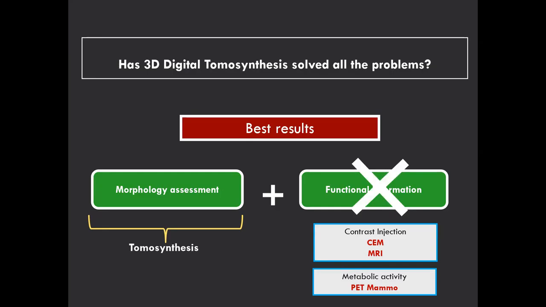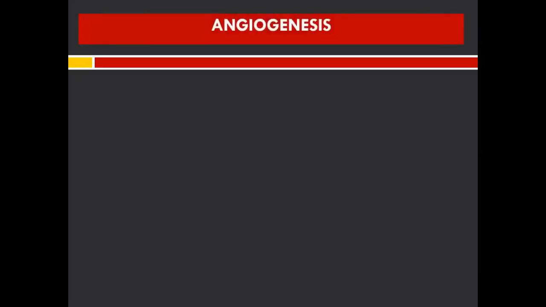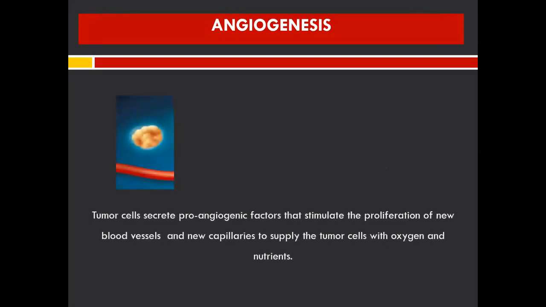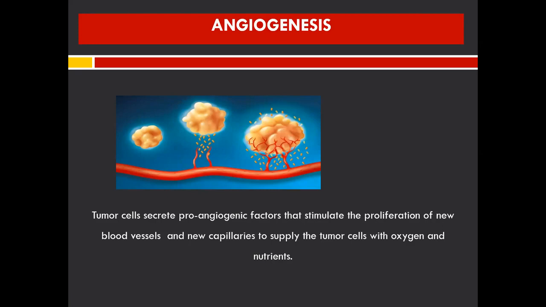And that's why we moved another step, and now we have modalities which depend on the process of angiogenesis through the injection of contrast media. As the tumor cells enlarge and divide, they secrete a pro-angiogenic factor. And this pro-angiogenic factor stimulates the proliferation of new blood vessels and new capillaries to supply the tumor cells with oxygen and nutrients.